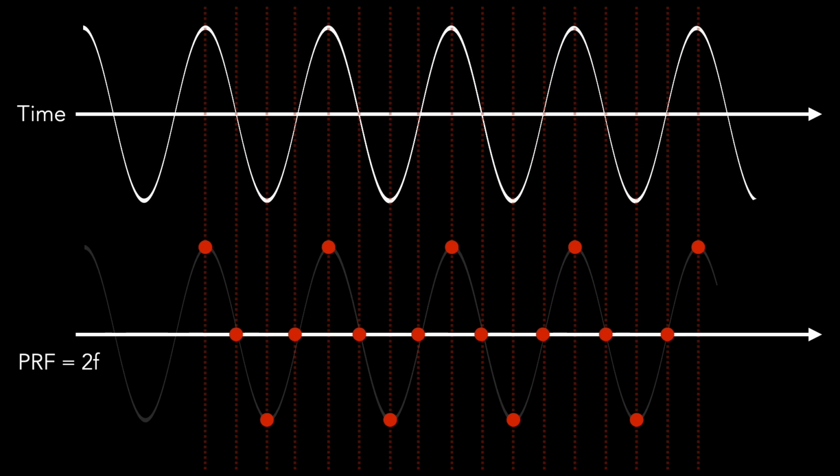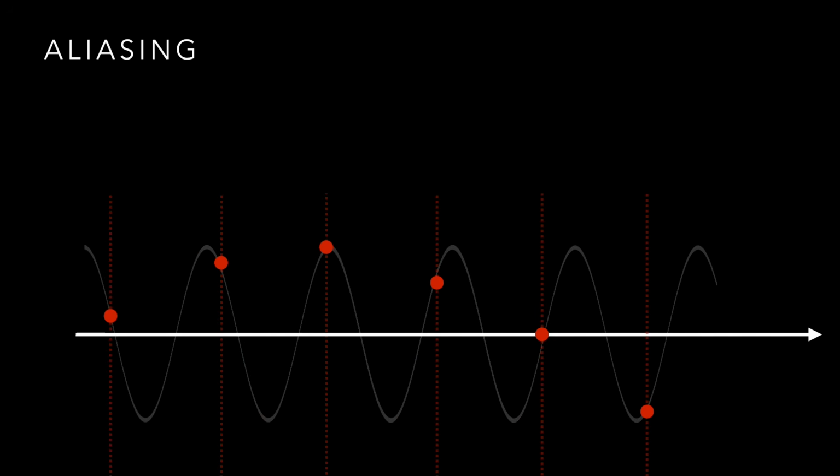Now, getting back to this principle of aliasing, what happens if our pulse repetition frequency is not high enough? We showed where it could just show a flat line. What if we slowed it down to below 1 times the frequency? Here's an example where we sample at something well less than 1x of the frequency. And now all of a sudden we get dots that cross the baseline, or that are reproduced on this sine wave, that create a wave of their own.